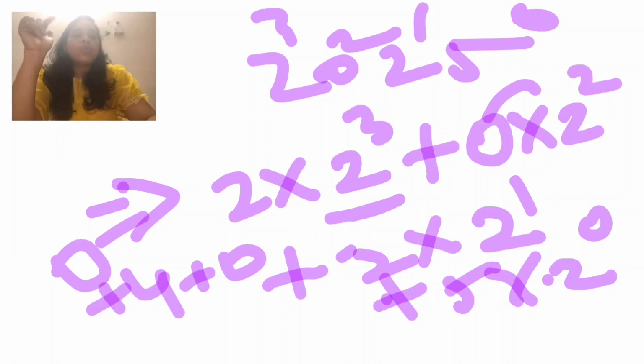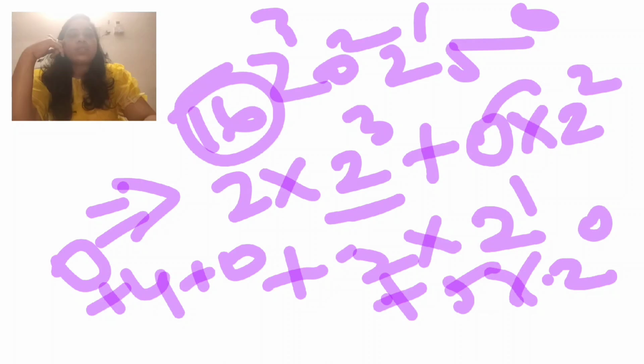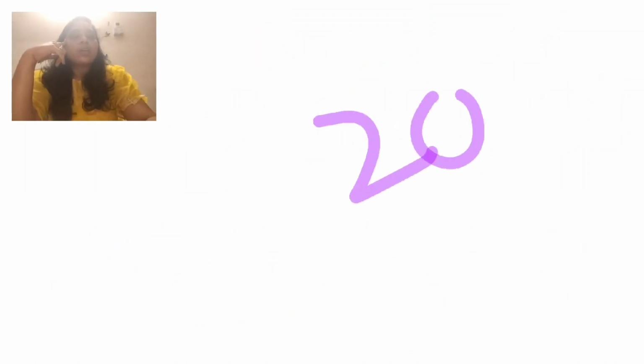And next 2 power 3 is 8. So 8 into 2, that value is 16. Now you add this value 16 plus 4, you can get the answer 20.